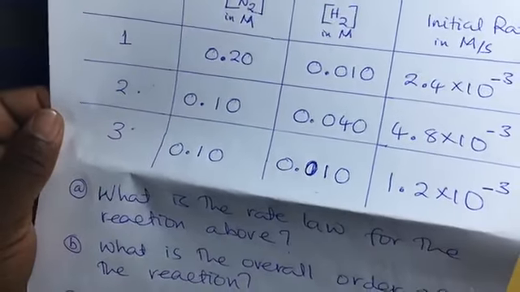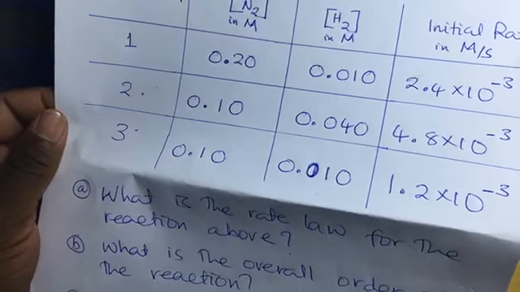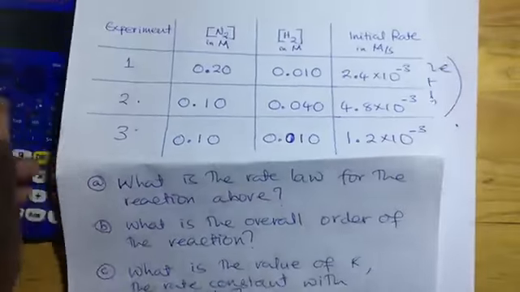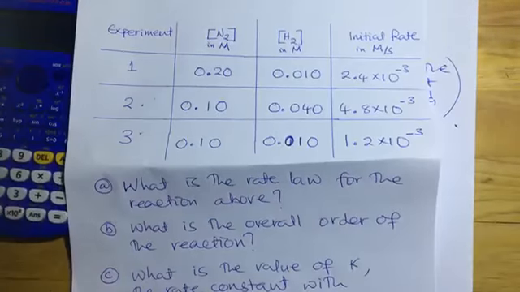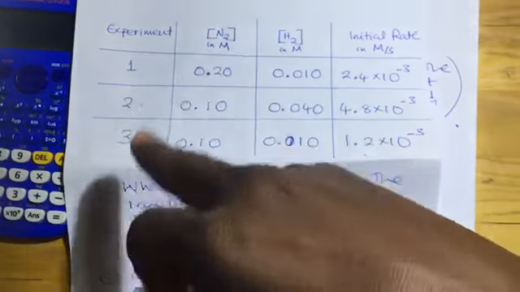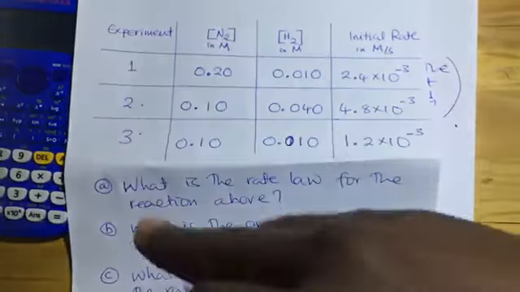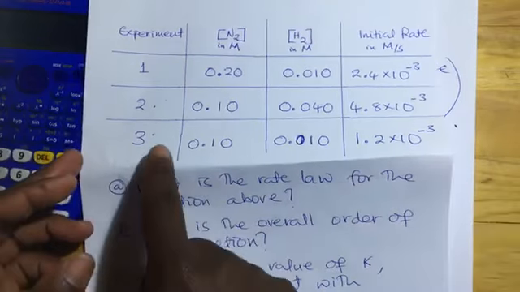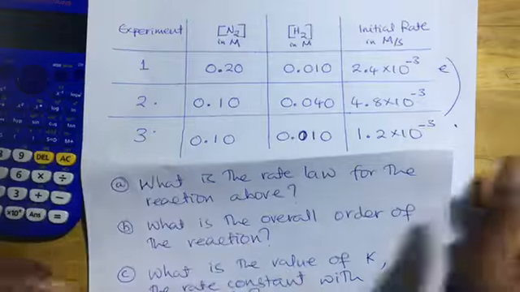Then, the second time, we used experiments 1 and 3. Which experiment was used twice? Between experiment 1, 2, and 3, which of these experiments was used twice? Experiment 3 was used twice. Excellent. Okay, so we're going to use experiment 3.